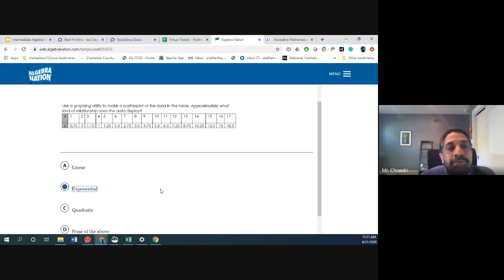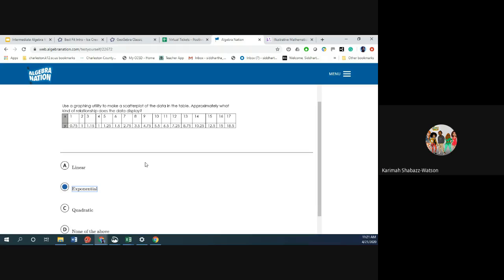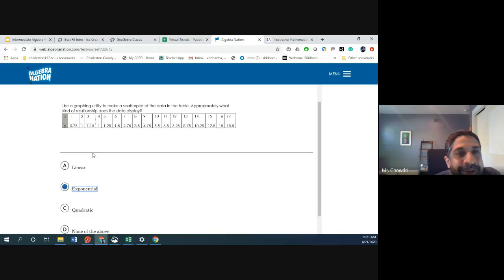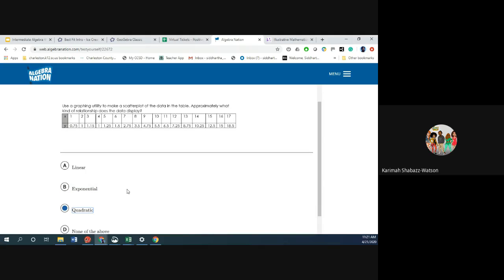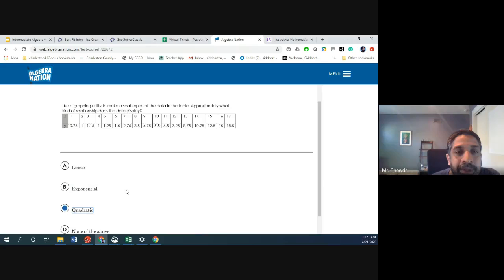What is an exponential function going to look like if the relationship is exponential? It would be going up or down really fast. Like the graphs of the COVID-19, it'd be going up or down really fast. And a quadratic would be, what does a quadratic look like? Parabola, exactly.